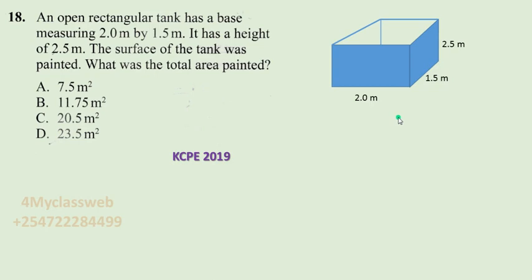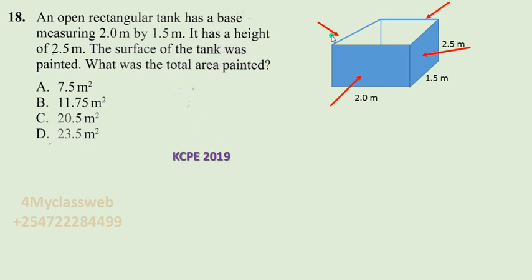And the surfaces that are supposed to be painted are this one, and this surface here is opposite the one which is on the other end. There is also this other surface here which is opposite this other surface here.